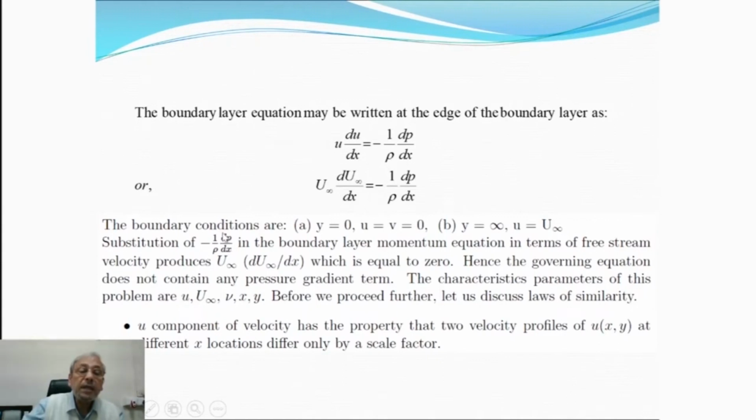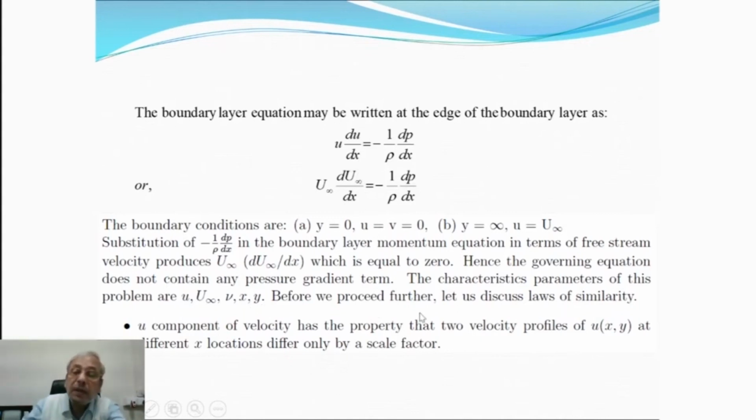Substitution of minus 1/ρ ∂p/∂x in the boundary layer momentum equation in terms of the free stream velocity, u∞ du∞/dx, which is equal to 0. Hence, the governing equation doesn't contain any pressure gradient term. The characteristic parameters of this problem are u, u∞, ν, x and y.